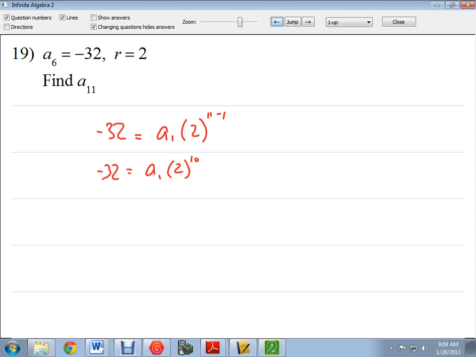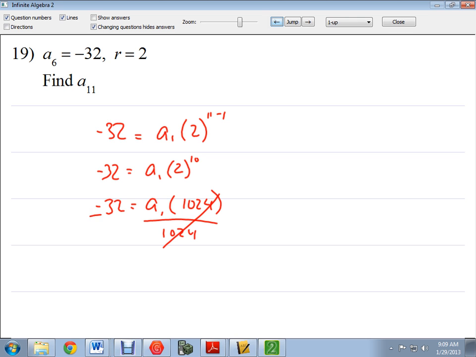We need to solve this for a1, so that means we're going to have to figure out what 2 to the 10th is. And so this is negative 32 is equal to a1 times 1024. In order to get back to a1 from this, we will need to get rid of the 1024 by simply dividing.